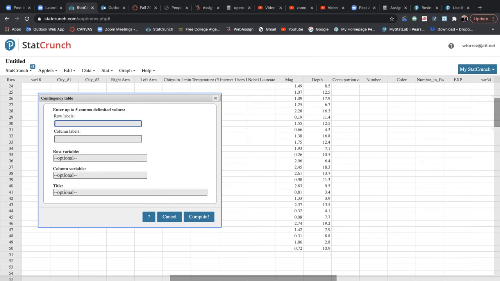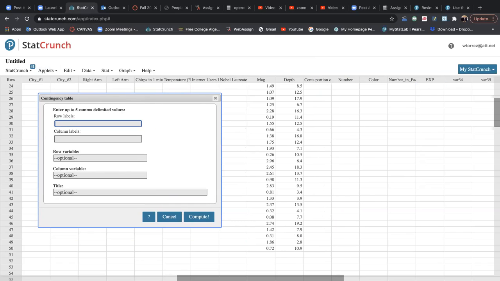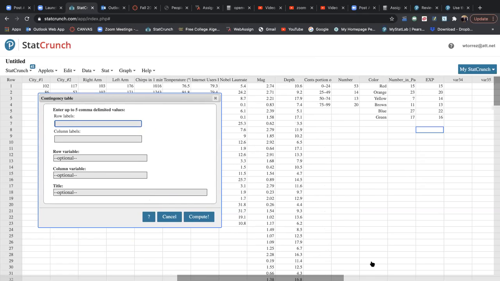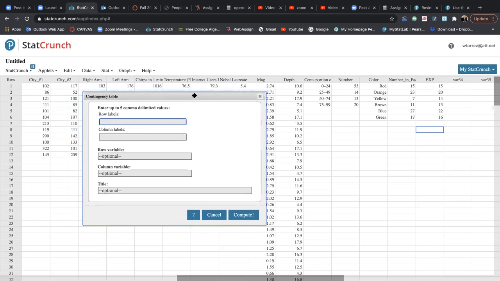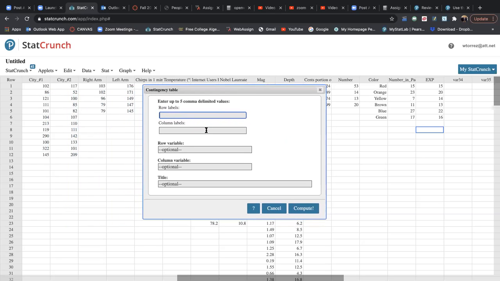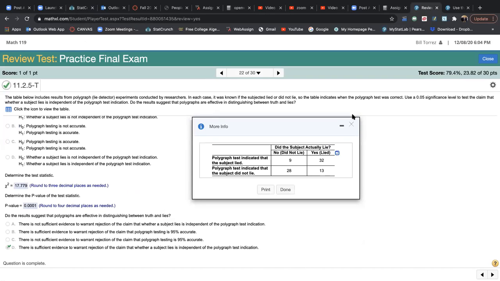Let's set up some room for our data table here. Okay, so well, I'm sorry. Let's go ahead and type in the row labels and the column labels. So the row labels here are the following.